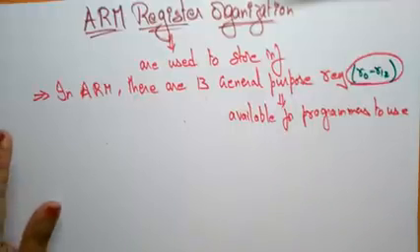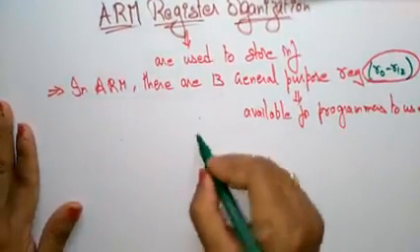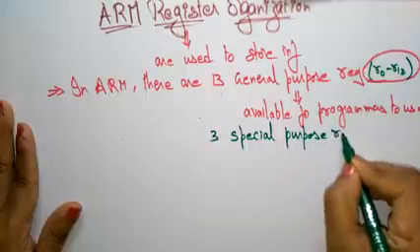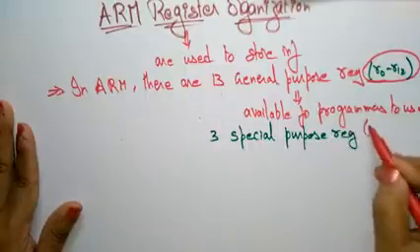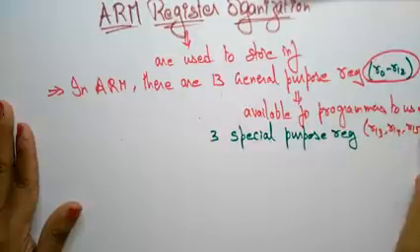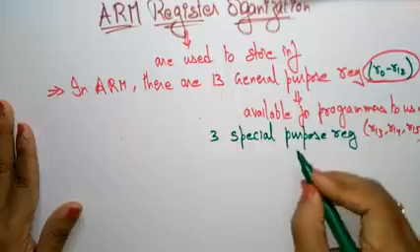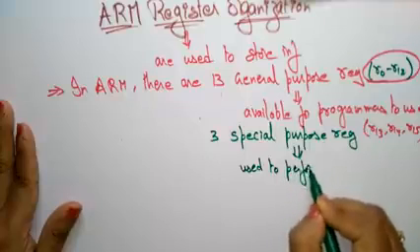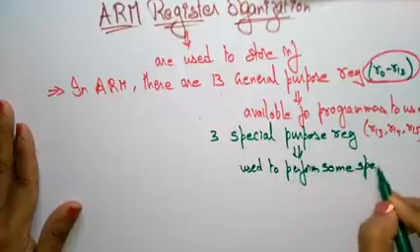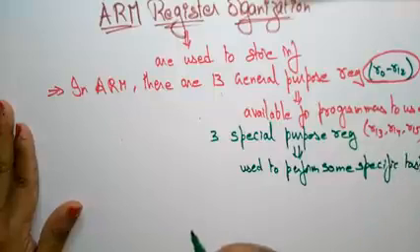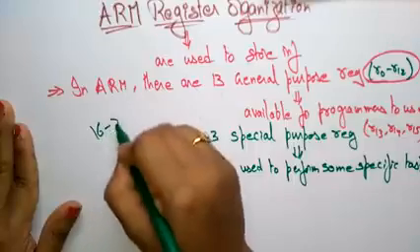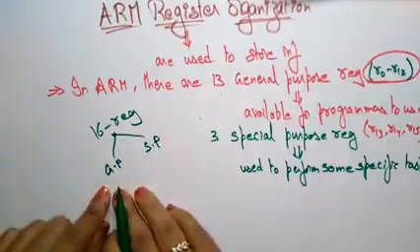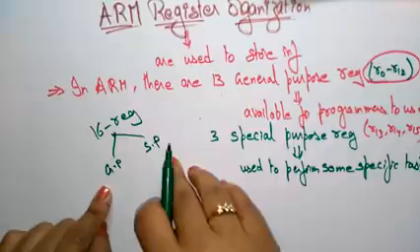And some special purpose registers will be there. In total there are 3 special purpose registers, R13, R14, R15, which are used to perform some specific tasks. So in total there are 16 registers, divided into general purpose and special purpose.